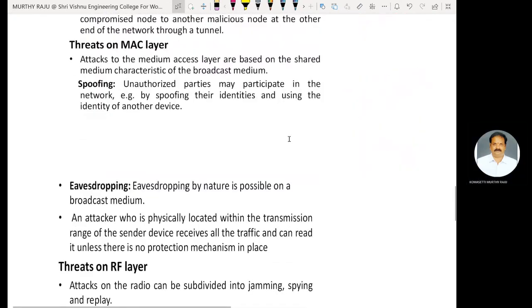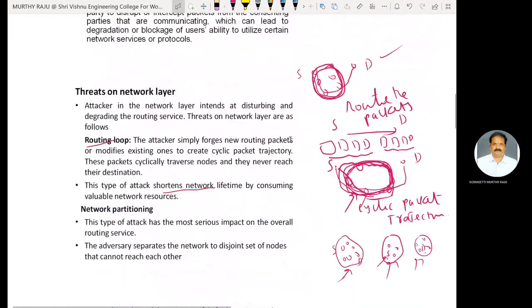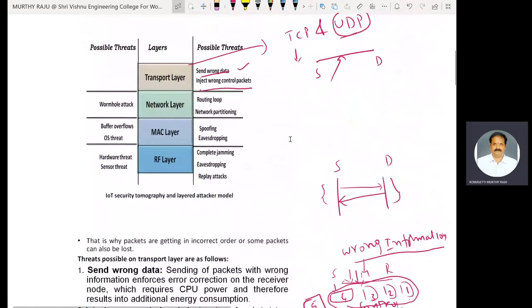Next one, threats on the MAC layer. These are the wormhole attack, routing loop, that means cyclic trajectory path, and network partitioning. These are the possible threats at the network layer that disrupt the communication.